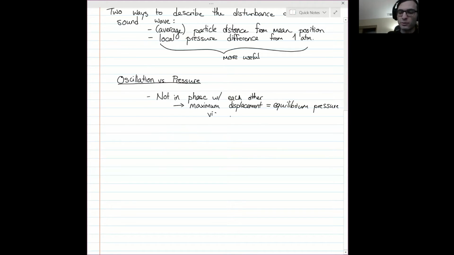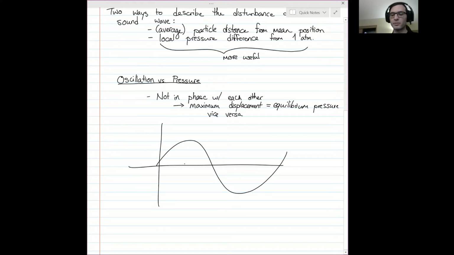So minimum displacement occurs at maximum or minimum pressure. So this means that they're about a quarter of a wavelength or a quarter of a cycle out of phase, because if it was that when one was maximum, the other was minimum, i.e. if it was like this, then they would be precisely pi radians out of phase, right?